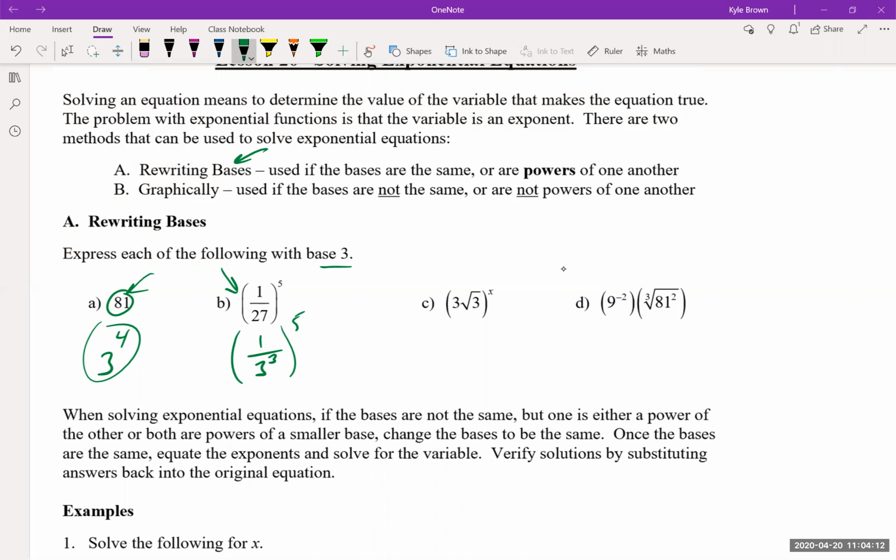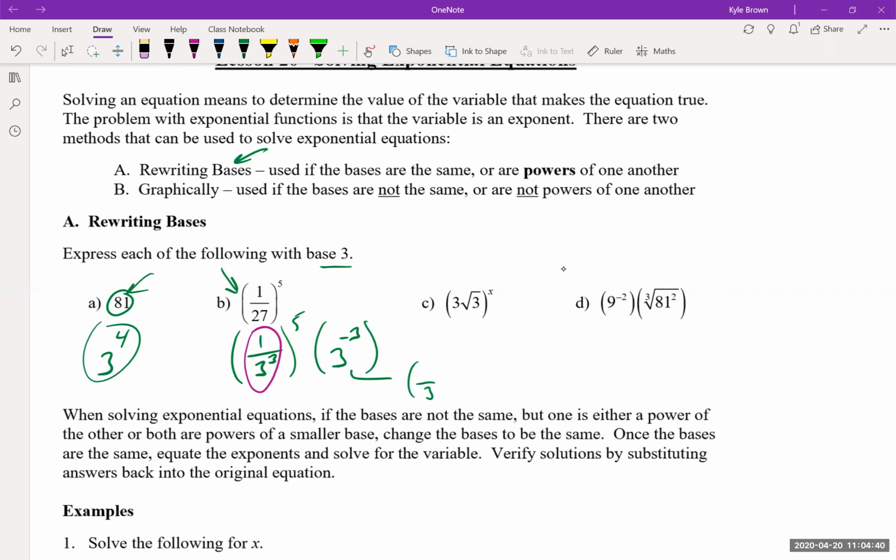Okay, now if I look a little closer at this, 1 over 3 to the 3 is actually the same thing as 3 to the power of negative 3. Do you remember how it switches, right? If I went 3 to the power of negative 3, that flips to 1 over 3 to the power of 3. That'd be the same thing.